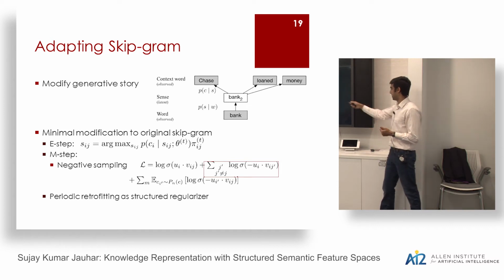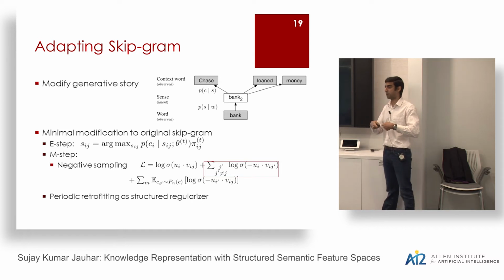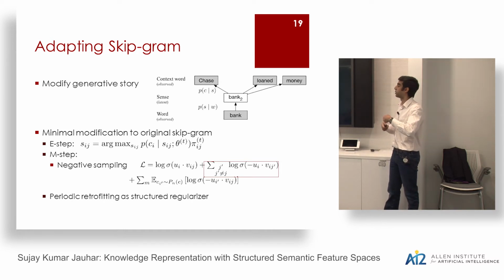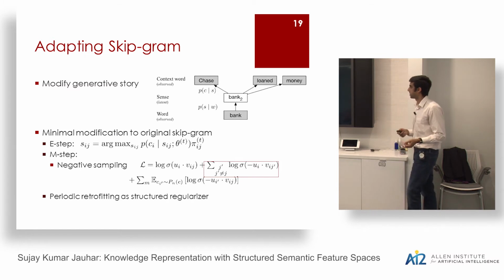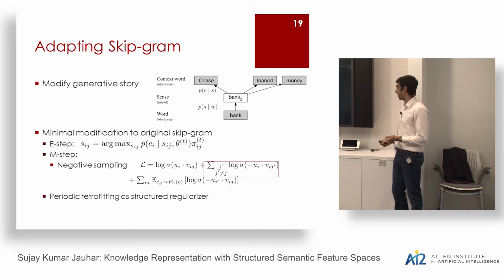The only difference is this part, boxed in red: we take a negative gradient step with respect to all the senses that were not selected in the E step. So really simple modification, almost no effort. You can take the skipgram and also train it with senses given the ontology. And that's the final part: you use periodic retrofitting to account for the structure of the ontology.